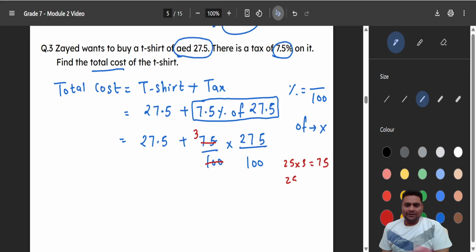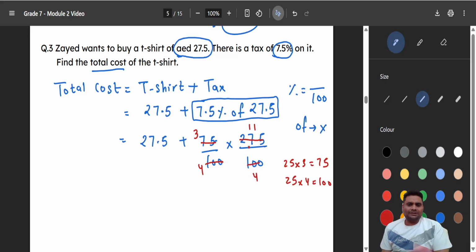And 25 times 4 gives me 100. So here I can write 4. Now here again, if I want to do with 25, because I know 25 times 10 will give me 250, correct? And this is 275, yani 25 more than 250. So this will be times 11 rather than times 10, because of one extra 25 in 250. And this will be again 25 times 4.